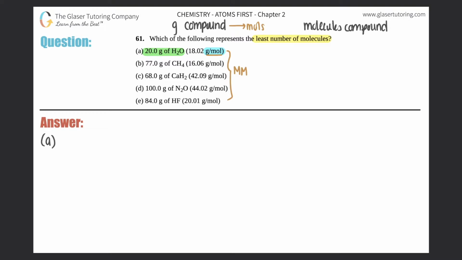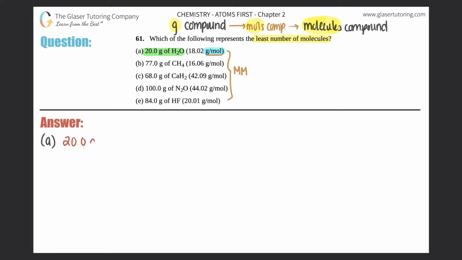So it's always grams to moles to molecules of a compound. So always remember that progression for an individual compound or an element. It's always grams to moles to molecules, or atoms, depending on whether you have a compound or an element. But anyway, let's get started.